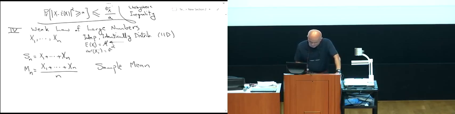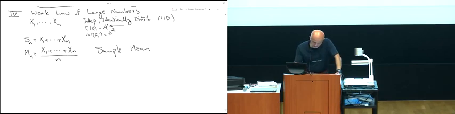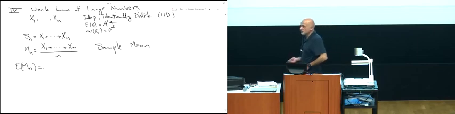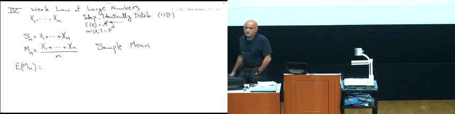Okay, well, is that the case? Here's what I want you all to do. So do you agree that Mn is a random variable? Yeah, it's an average of a bunch of random variables, so it must be a random variable. What is the mean of Mn in terms of the means of the individual random variables?